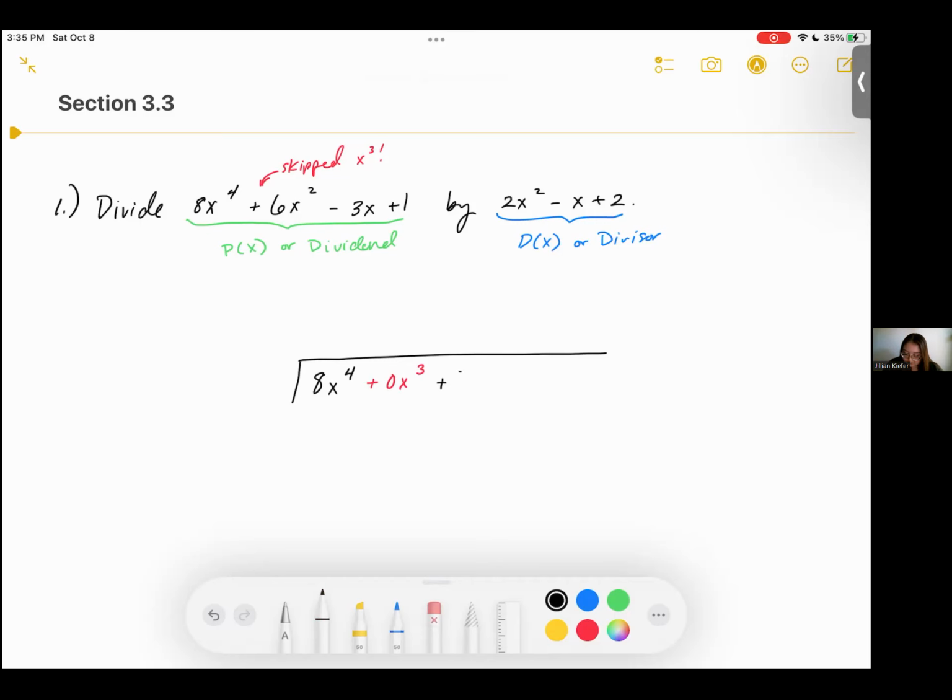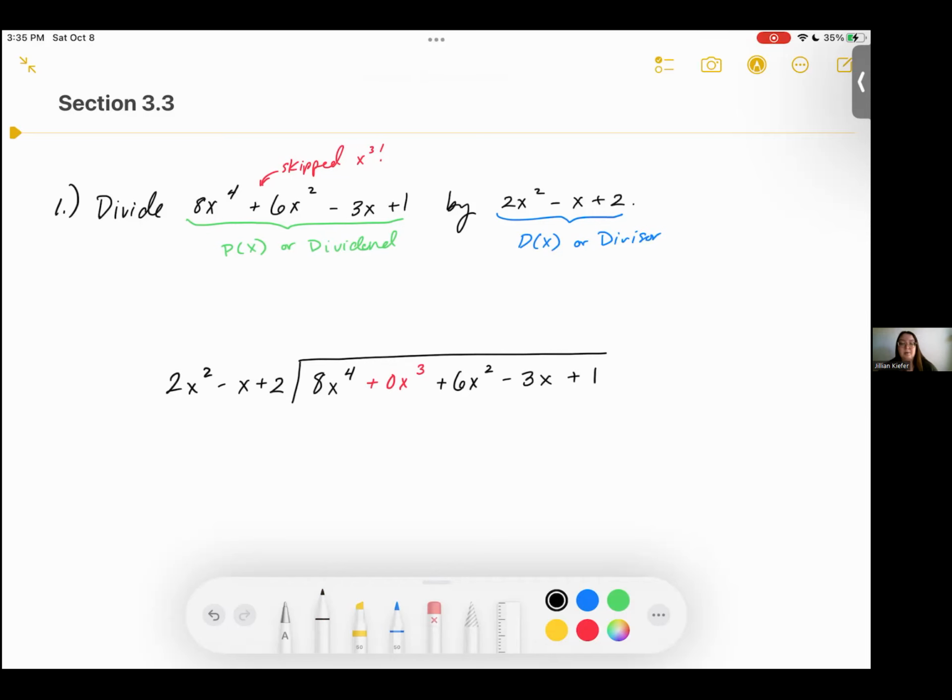So we're going to have plus 6x squared minus 3x plus 1. There we go. So our dividend is under the house. And then we're going to write our divisor outside of the house to the left. So our divisor is out here, 2x squared minus x plus 2. And that's how we'll have our setup.